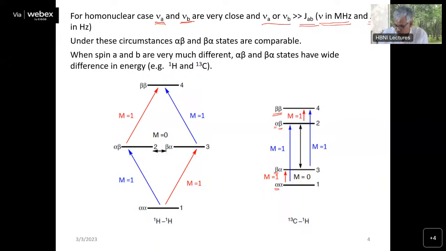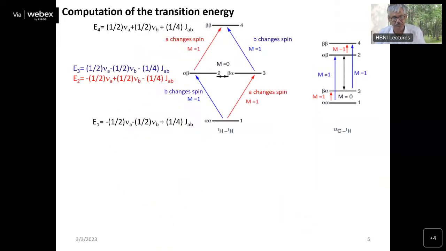And of course we will be mostly considering the homonuclear state here. So again I have shown you the energy levels of state 1, state 2, state 3 and state 4, which I have shown you earlier. I have tabulated this, so you can again see that this comes from the resonance frequency of A, this comes from the resonance frequency of B, and this is from the mi value of A and B, and both are alpha now, so both are plus, so this is positive.